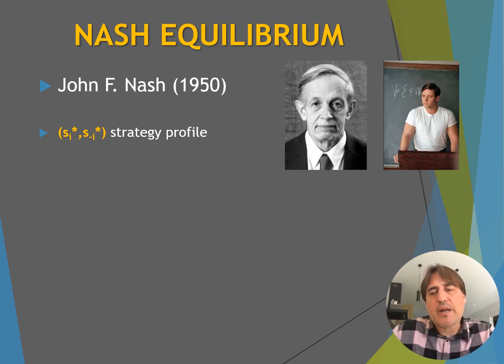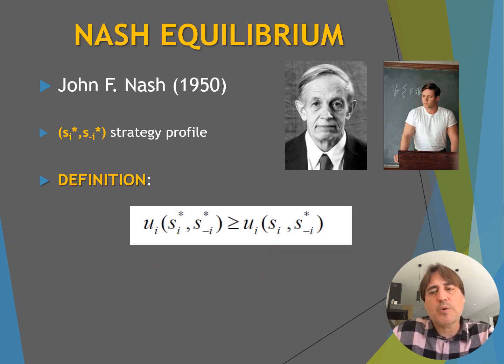Let us consider an arbitrary game in strategic form. In what follows, we will denote the vector of strategies of the players in this game as on the screen, and we can define the Nash equilibrium as follows. The strategy profile is a Nash equilibrium if for every player i, the corresponding strategy s sub i is the best response to the strategies of the other players, denoted by s sub minus i.